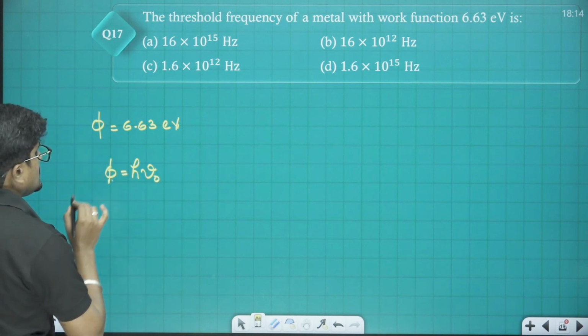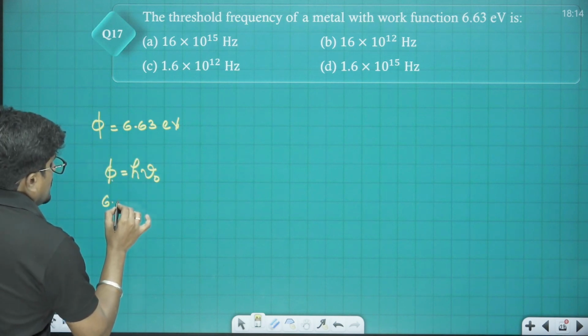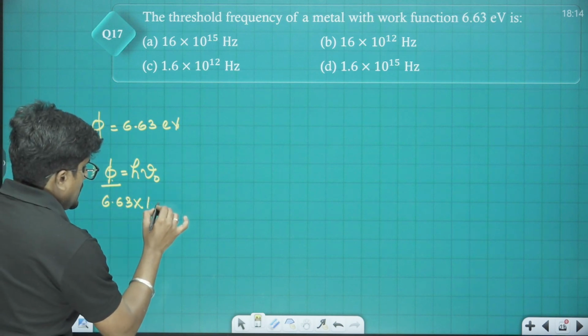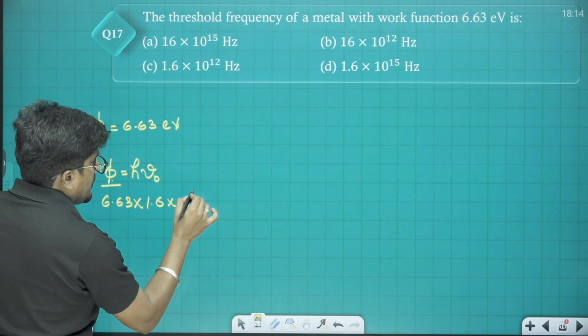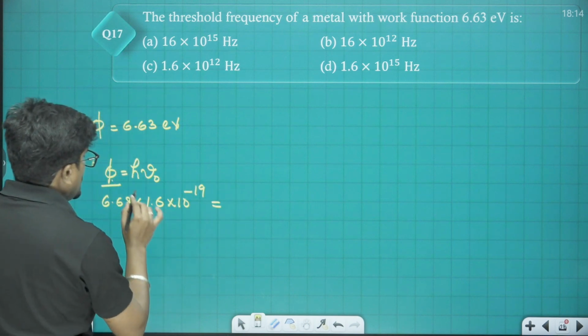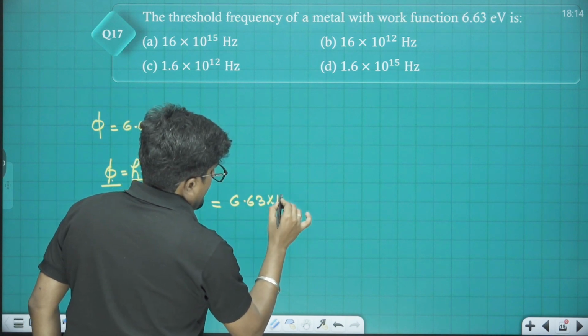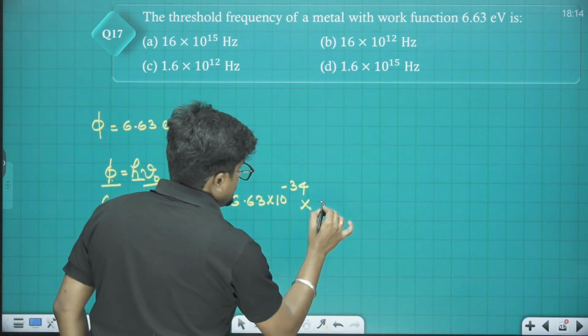So here this needs to be 6.63 into, this is the energy term, isn't it? This is in electron volt, so it is 1.6 into 10 to the power minus 19. That needs to be equal to h, h is again 6.63 into 10 to the power minus 34 into nu naught.